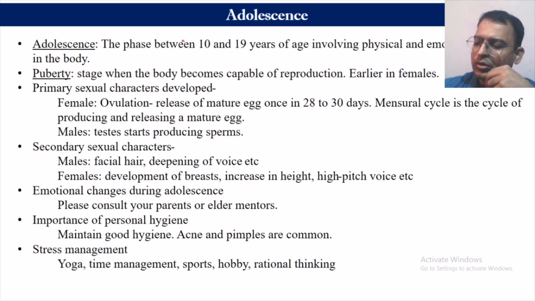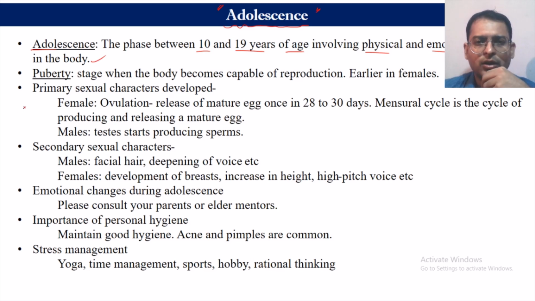Moving on to the next important part of the chapter, that is adolescence. What is adolescence? Adolescence is the phase between 10 and 19 years of age that involves physical and emotional changes in the body.